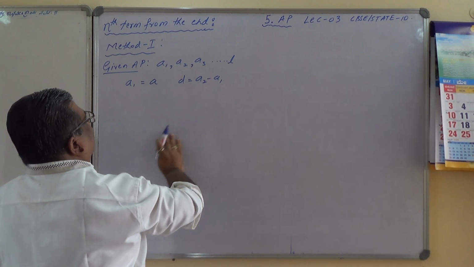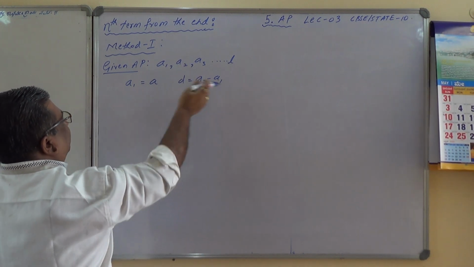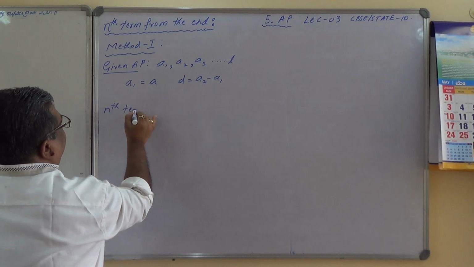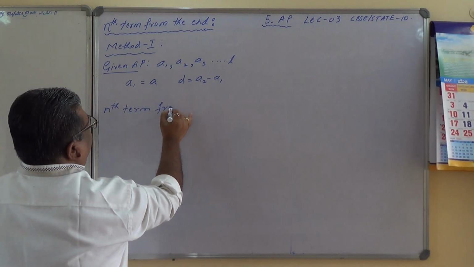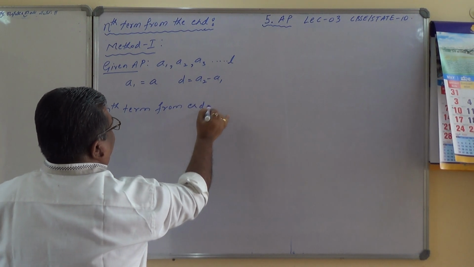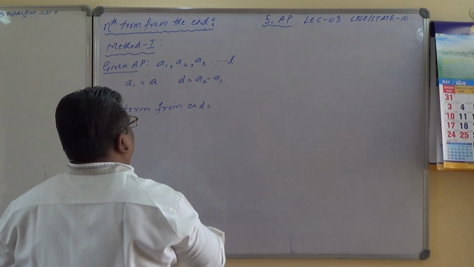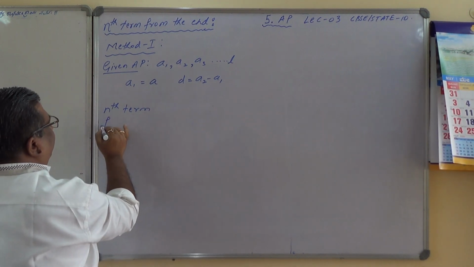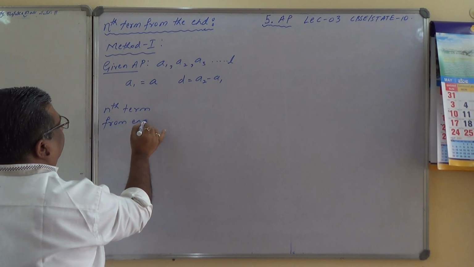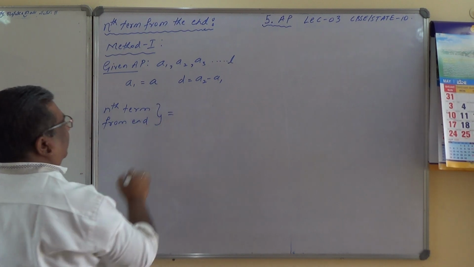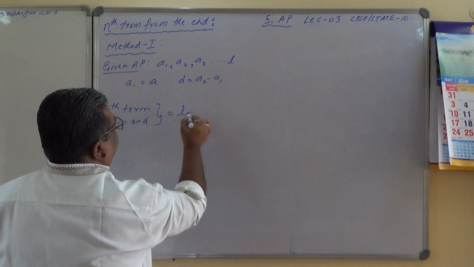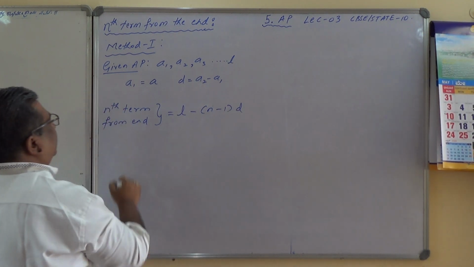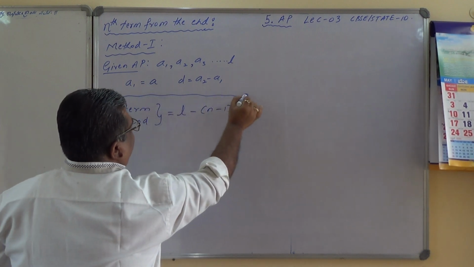And directly, in order to find out the nth term from the end, you apply the formula: nth term from end equals last term minus (n minus 1) into D. This is the formula that we use here.